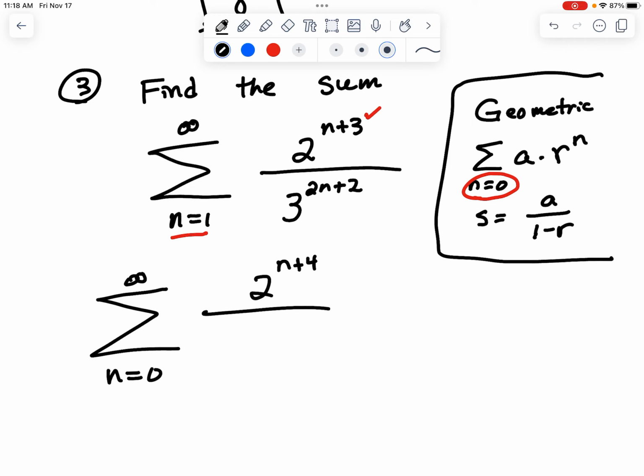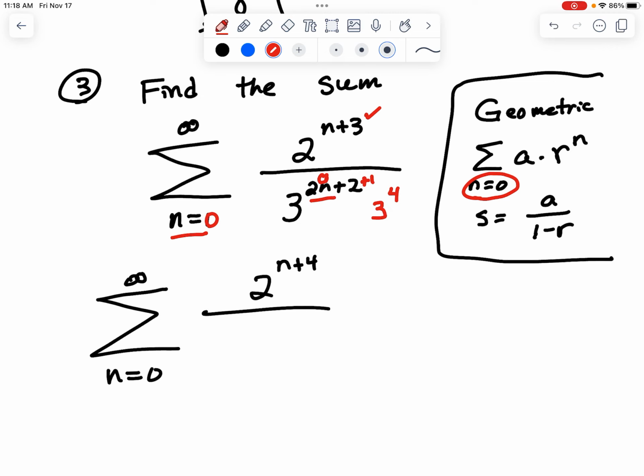And then on the bottom, you have to be careful because it has 2n plus 2. So if I were to use n equals 1 here, that means the very first term would have 3 to the 4, 2 plus 2. But if I want to start with a 0 and put a 0 right here, then adding 1 right here is not good enough.